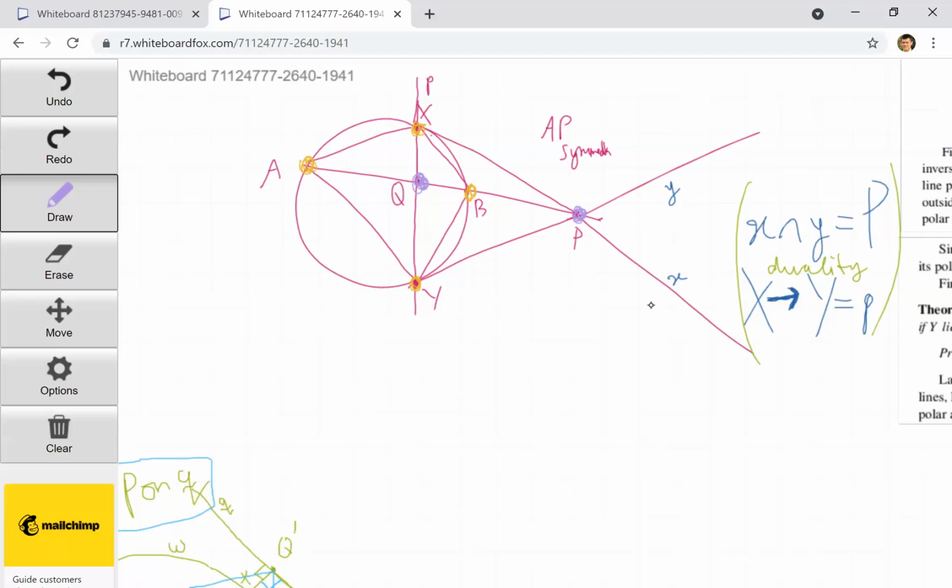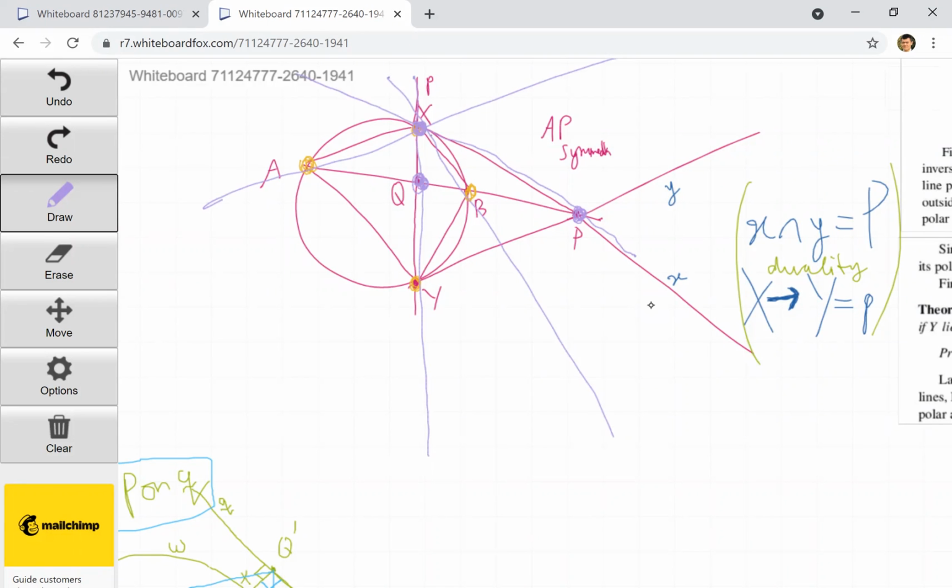So if we take a point on the circle, so X, right? And we join the lines from all the points. That makes sense?